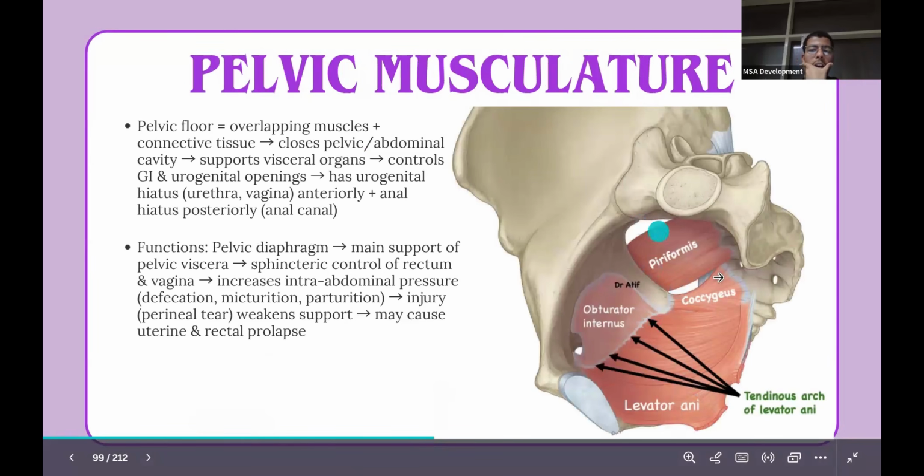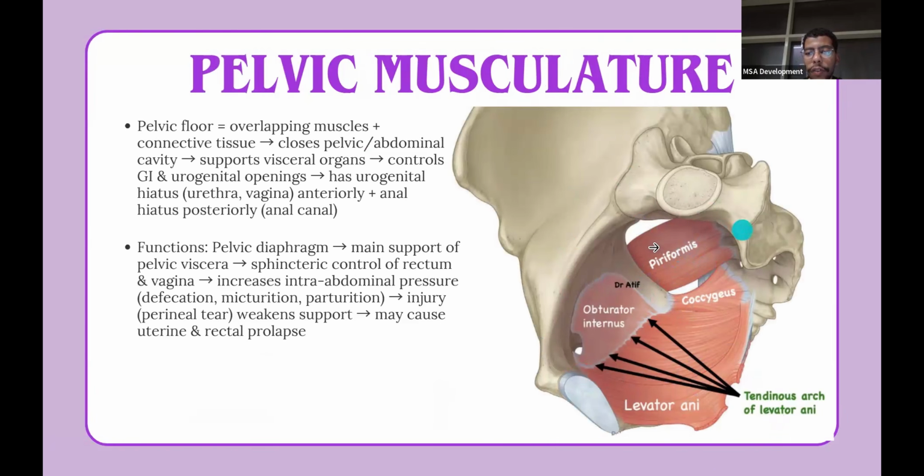Now for the muscles, this is the view from the medial side. When you look at the pelvis from the medial side, we can see this first muscle here at the back, from the sacrum through this opening, which is our greater sciatic foramen.